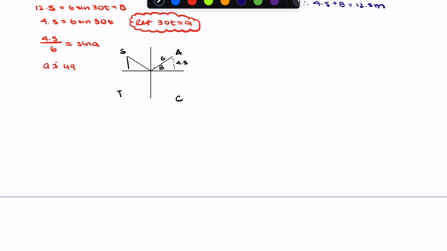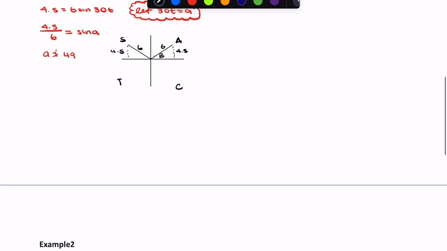And in quadrant 2, we would have 6 and 4.5, 4.5 being the opposite, and then 6 being the hypotenuse. And so if we look at sine of beta is equal to 4.5 over 6, then beta would be equal to sine inverse of 4.5 over 6, which gives us that value that we saw of 49 degrees.